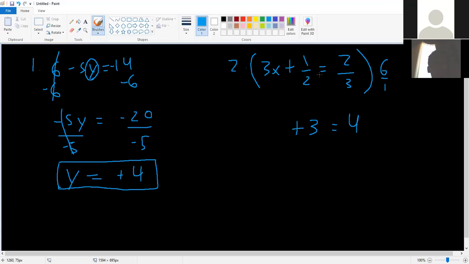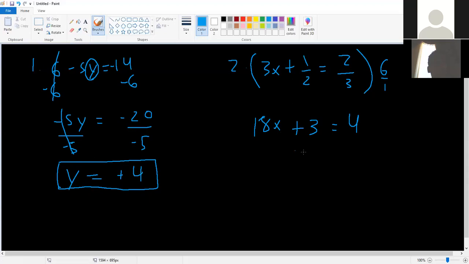And lastly, we distribute it to the variable. Okay, it's almost done. So 6 times 3x is 18x.